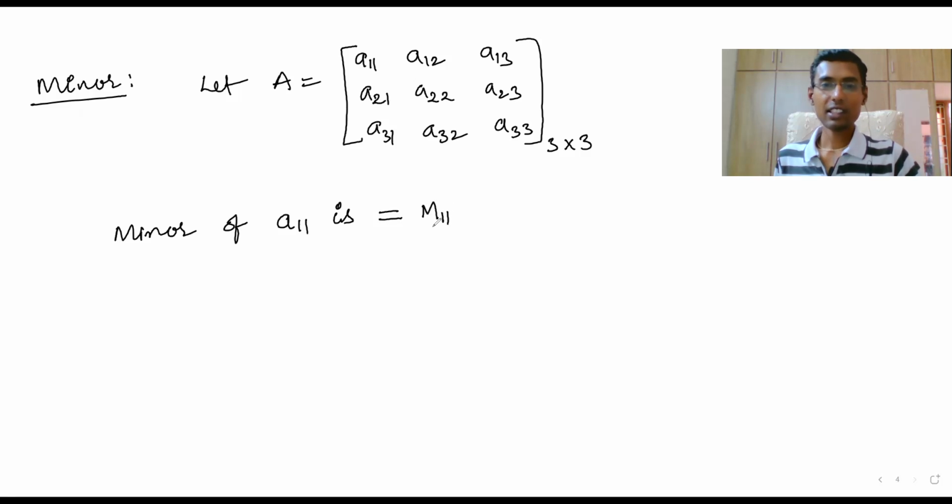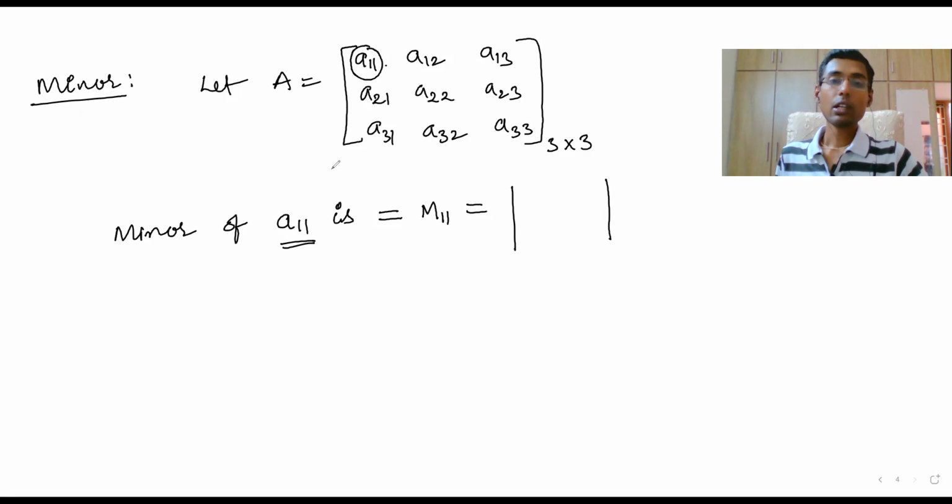That means minor of the first row first column element. M11 is the determinant obtained by eliminating the first row and first column. We want the minor of the first row first column element.